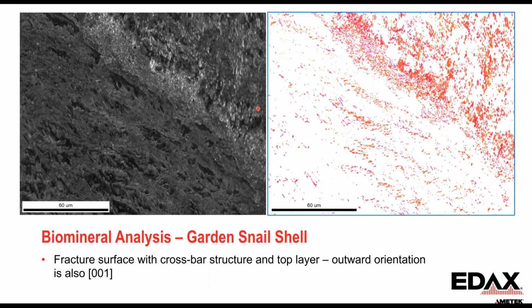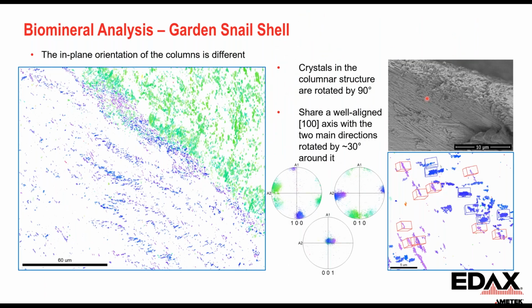And then if we look at a fracture surface across this, we can see that the surface normal orientations, again, are all 001. They're pointing out of the screen here. But if we look at the in-plane orientation, we see that there's a transition. So we can see this spatially. The A1 and A2 axes are relative to how we put the shell in, but it corresponds to the direction shown here.